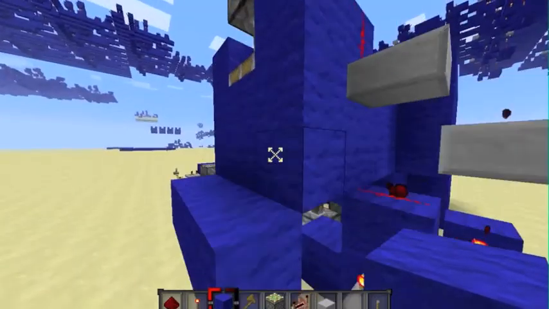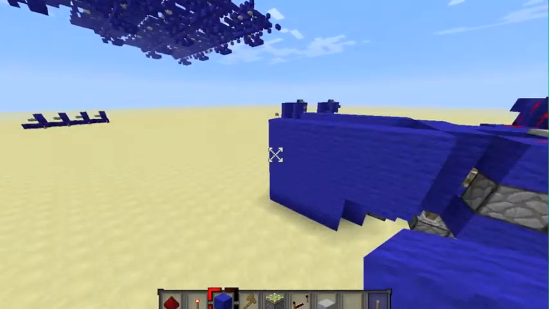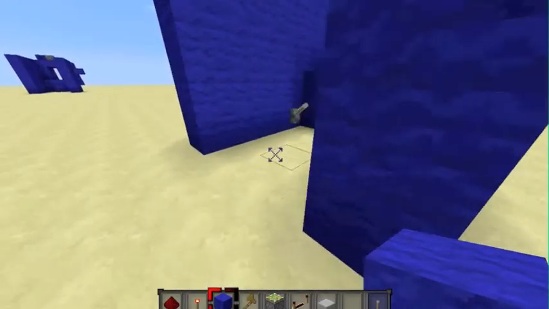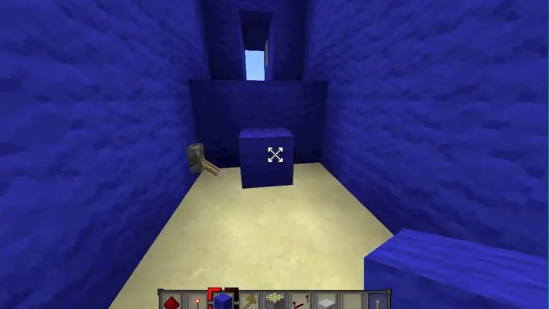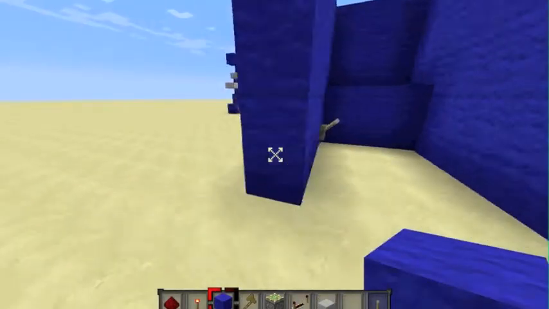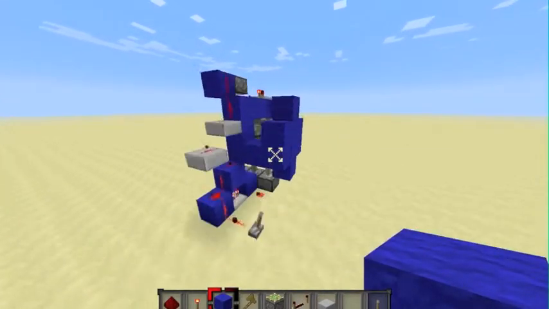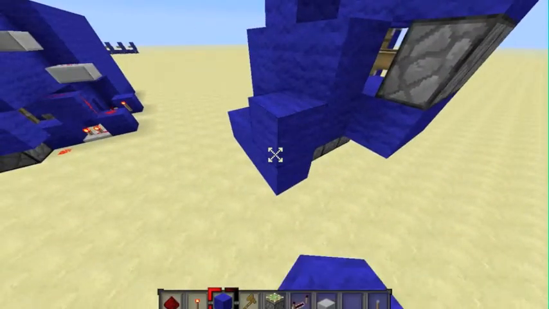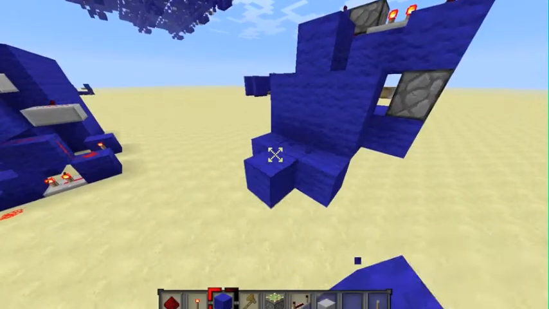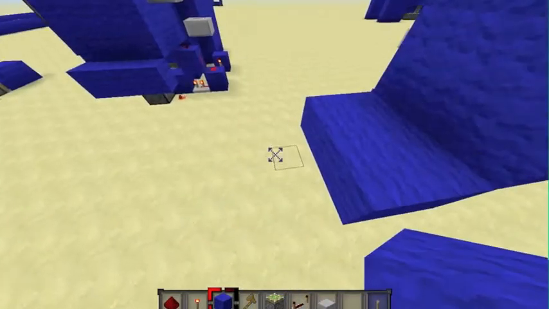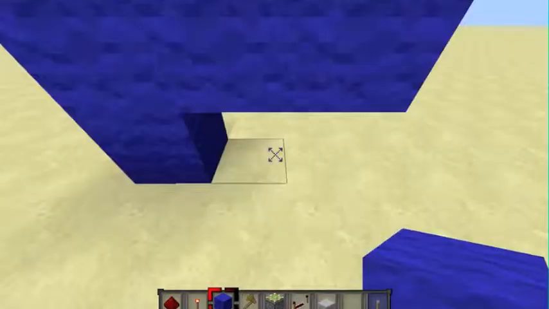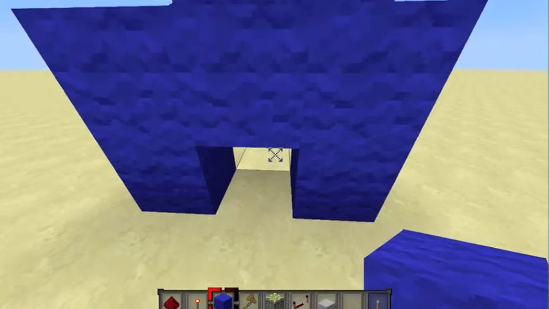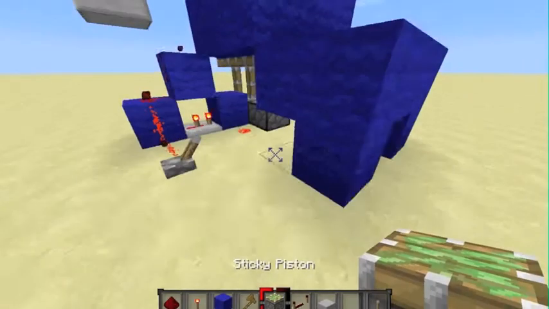I also, on this one, have another feature that I've implemented, which is, as you can see, this block comes forward so that you can come up. And the way that you do that is really simple. Let's just build the floor that we'd have, and let's place the piston.